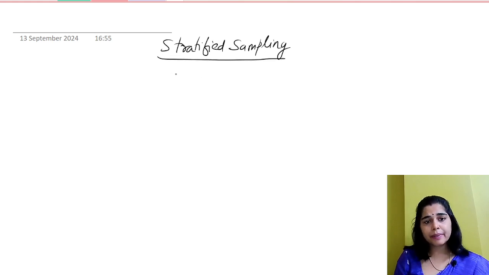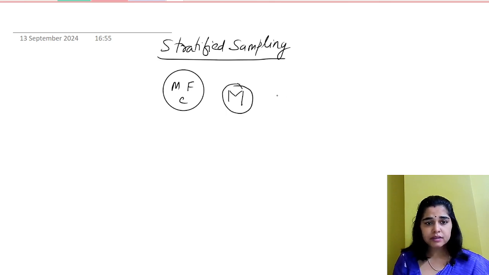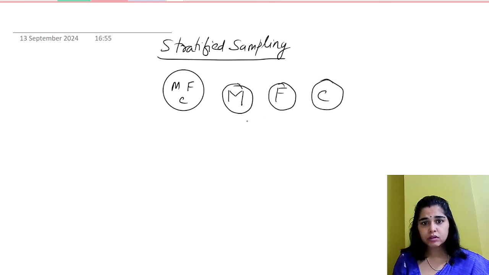What is stratified sampling? Suppose there is a population. In the population, there are males, females, and children. All are there. As a sample, you are going to first make a stratum of male members, a stratum of female members, and you will make a stratum of children also.